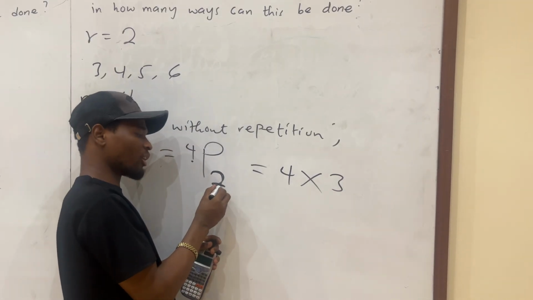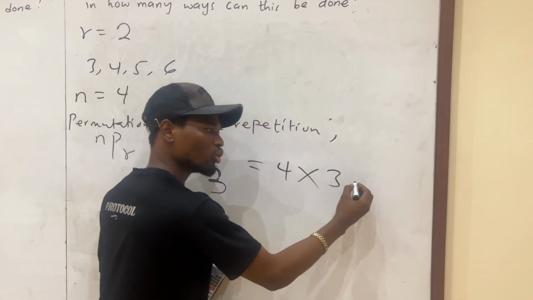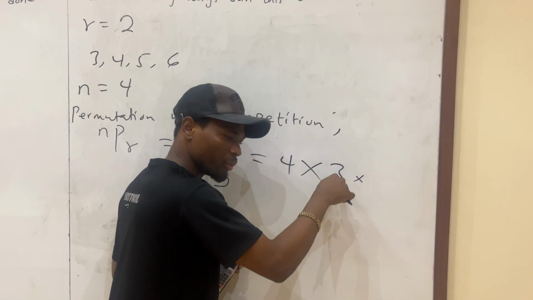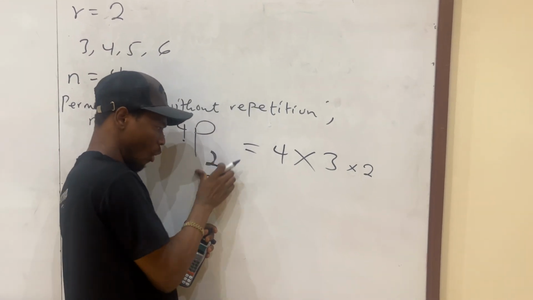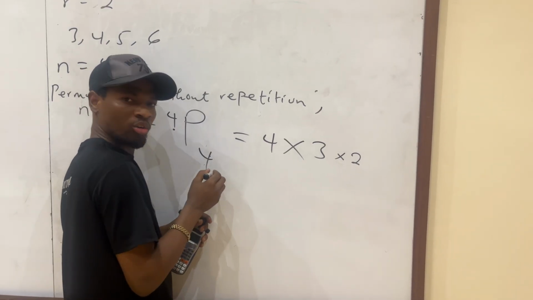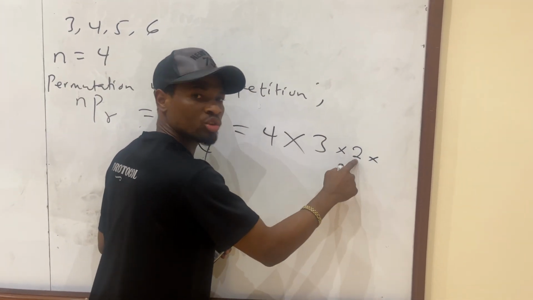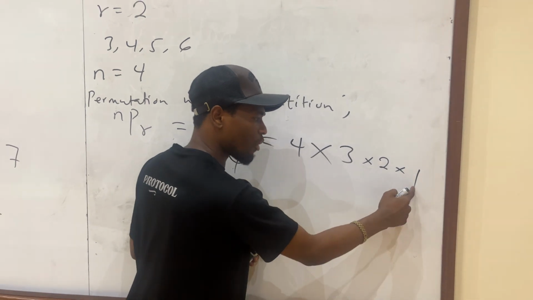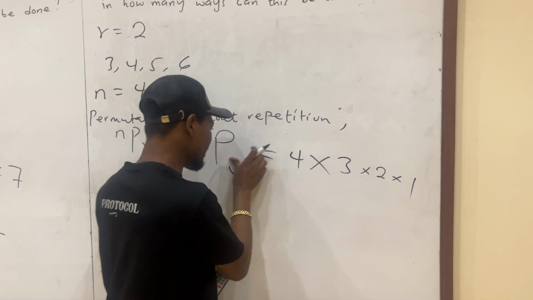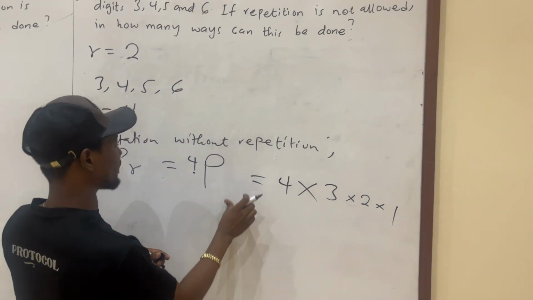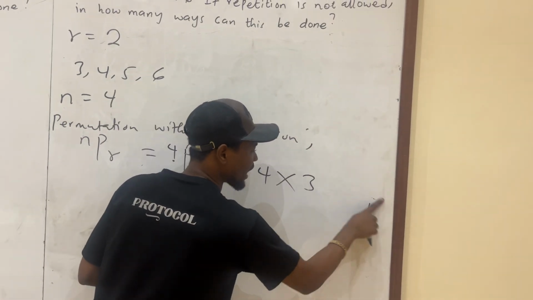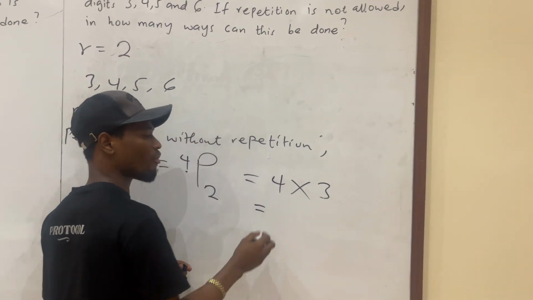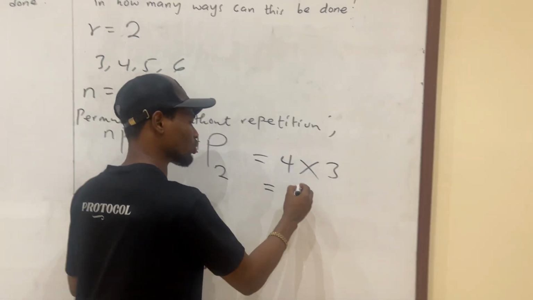If r were 4, you would proceed, reduce this to 2, then to 1, so you have 4, 3, 2, 1. But in this case, we have it to be 2. So 4 times 3 equals 12.